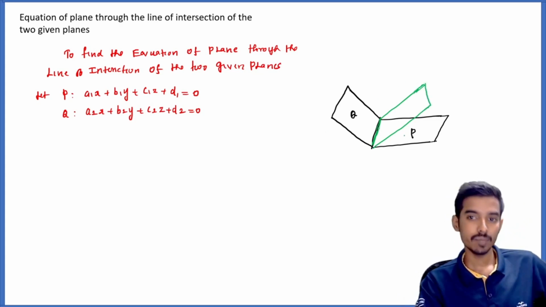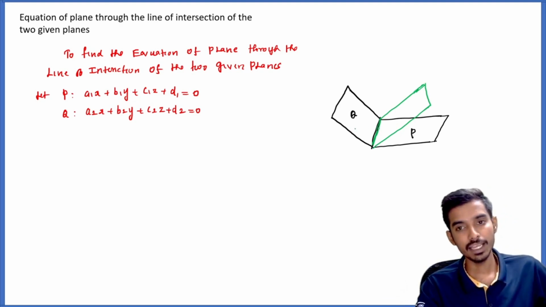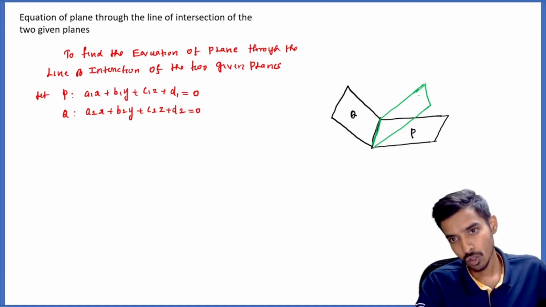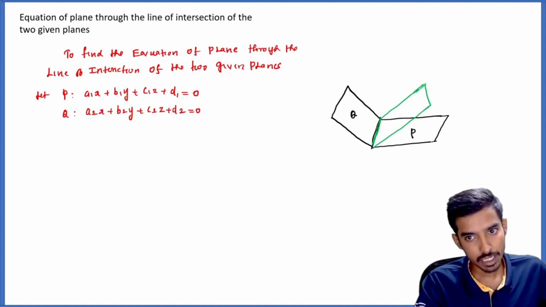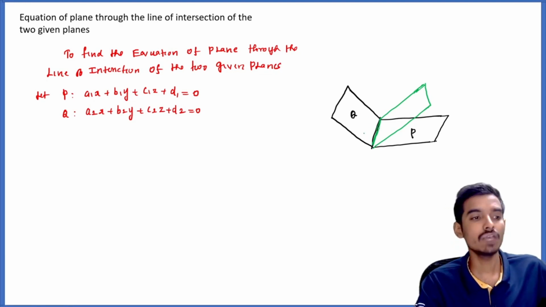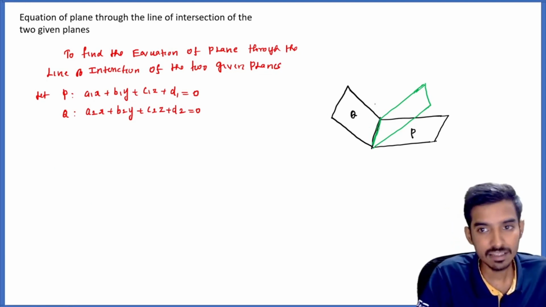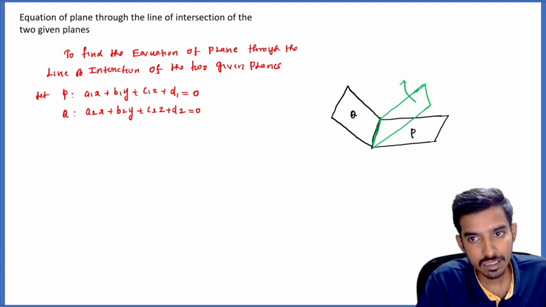So you can see P and Q are the given planes. You need to find an equation of a plane that passes through the line of intersection of the two given planes. This equation is given very simply by P plus lambda Q is equal to 0.